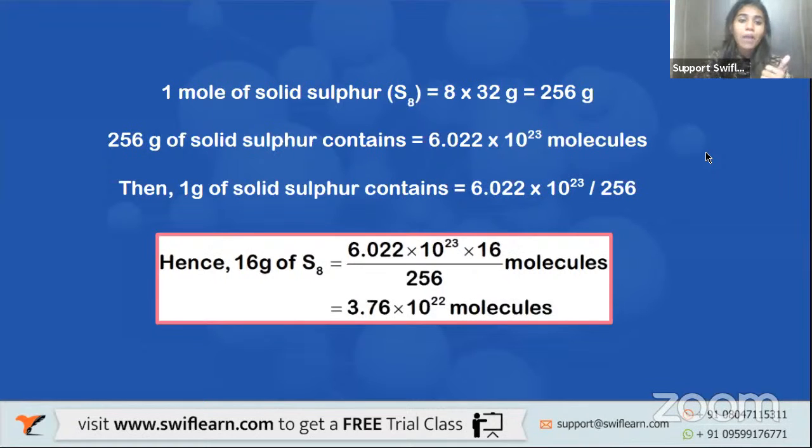So 1 gram of solid sulfur is Avogadro's number divided by 256, and then just multiply it by 16, because in the question they have asked you in 16 gram. If they would have asked you in 10 gram, you would have done 6.022 into 10 raised to 23 divided by 256 into 10 gram. Clear? Understood? Yes, ma'am. Okay, cool.